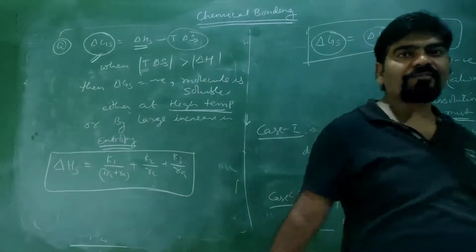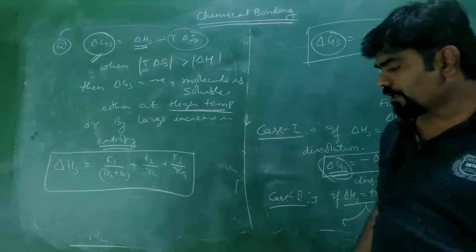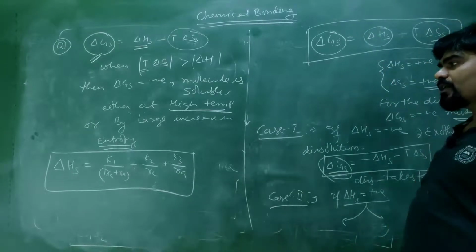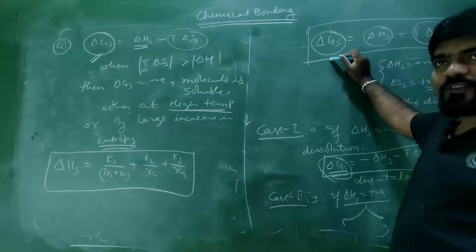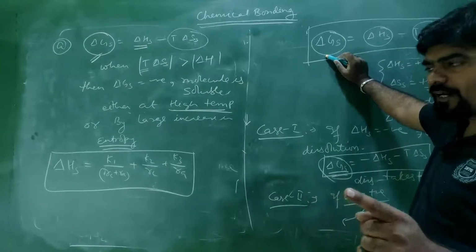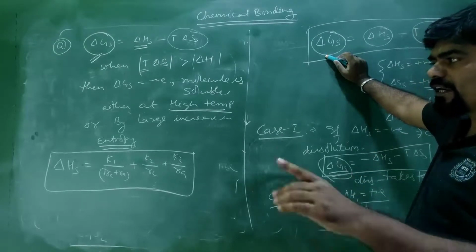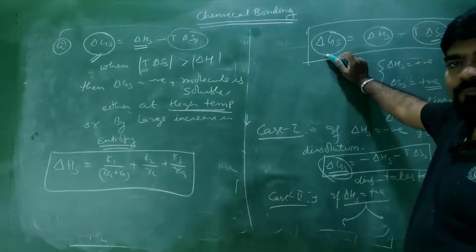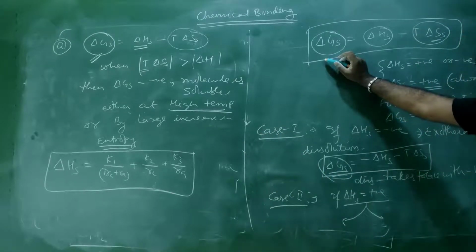All those cases have been explained in your class notes. One case is a smaller anion: with increase in size of cation, the enthalpy of dissolution decreases.